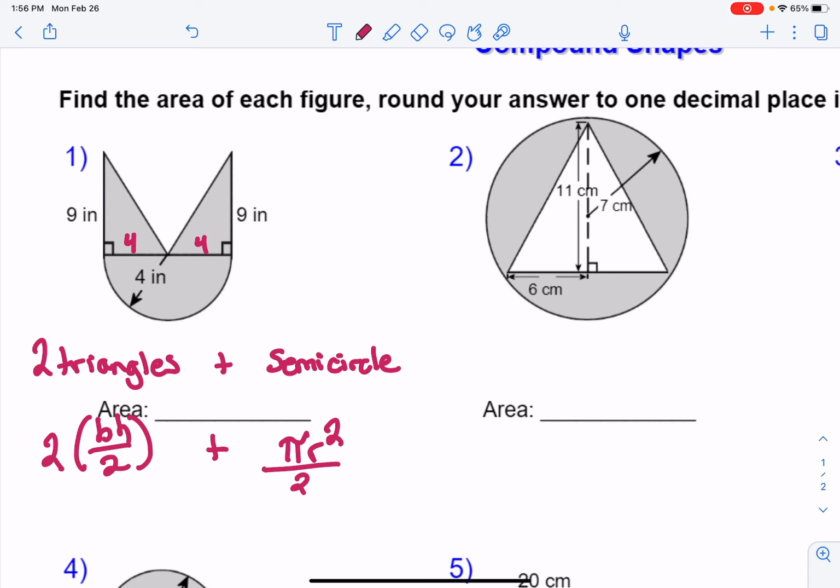All right, now that we have our formulas, our next step is to replace those variables with the numbers that they represent. So inside my triangles, I've got my base and my height. My b and my h is 4 and 9.